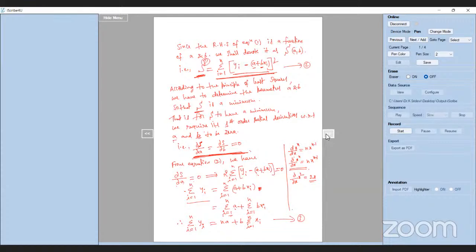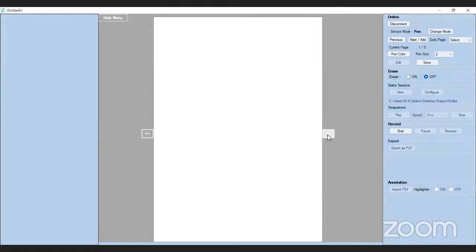Now I am going to take another page. Now, what is the remaining part? We got dou s by dou a equal to 0, and we get equation 3. Similarly, we can find dou s by dou b. That means differentiating equation 2 partially with respect to b, we get dou s by dou b.